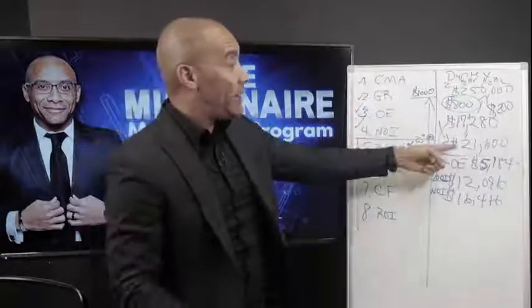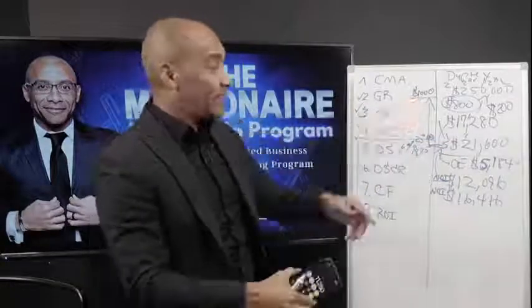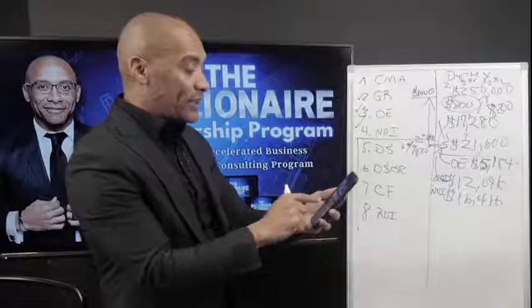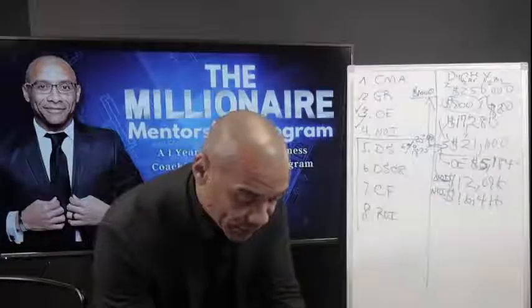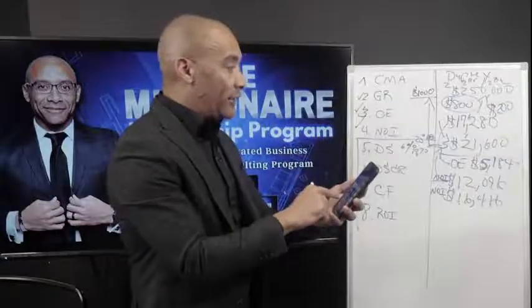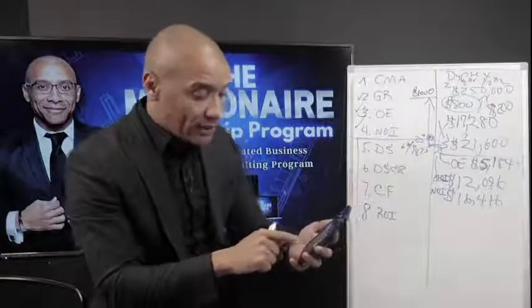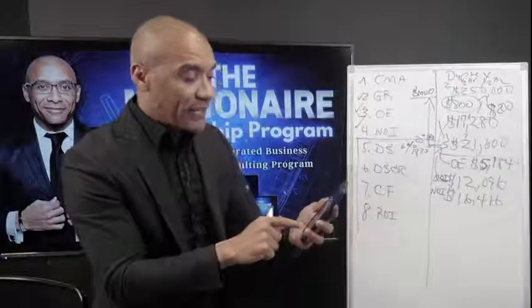But maybe if you did the 21,000, because you're going to go up 1,000, let's say if we did that, we say 11,250. We're going to take our NOI of 21,600 and we're going to subtract 11,250 for debt service.